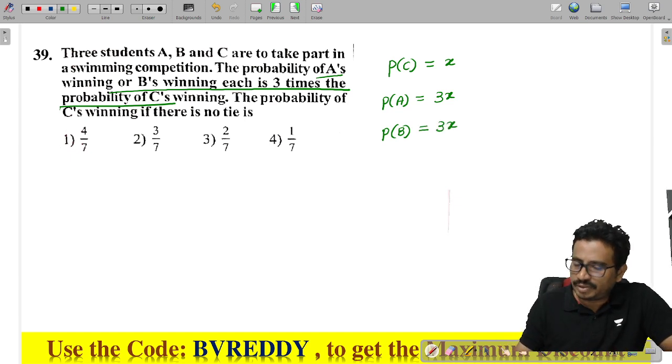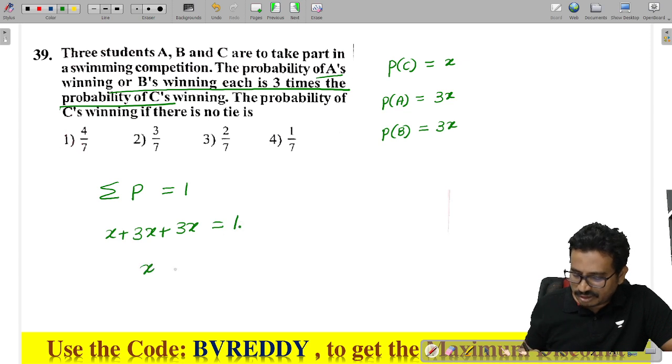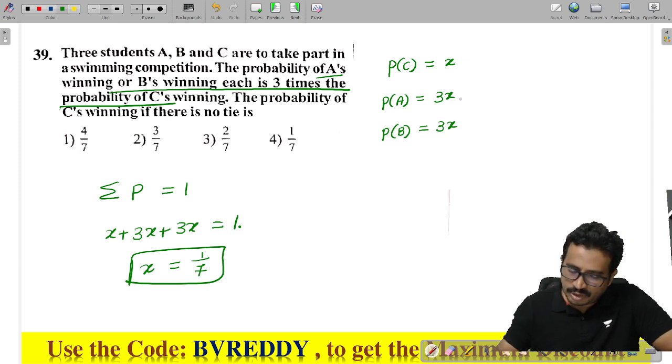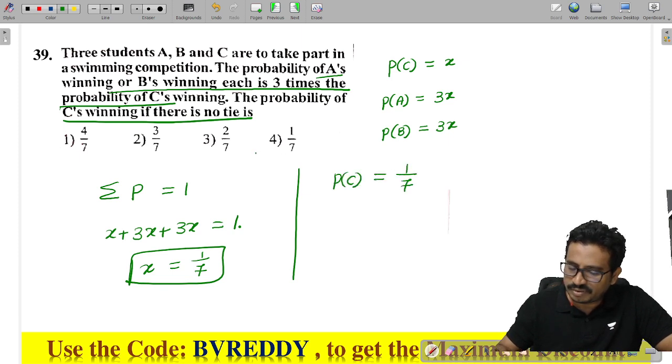Now as we know, the sum of all the probabilities is equal to 1. So x plus 3x plus 3x equals 1. So x is equal to 1 by 7. And X is nothing but the probability of C winning. They ask only for C winning. So the probability of C winning is equal to 1 by 7.